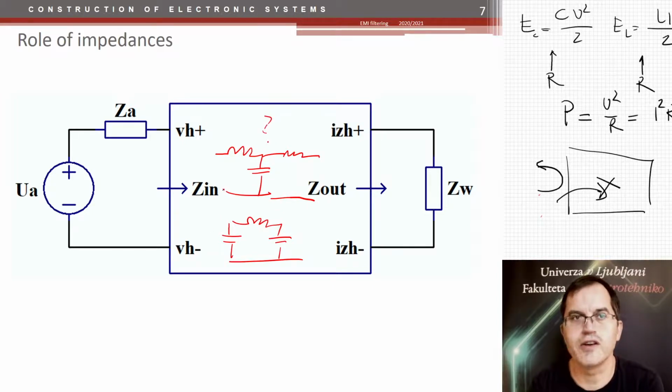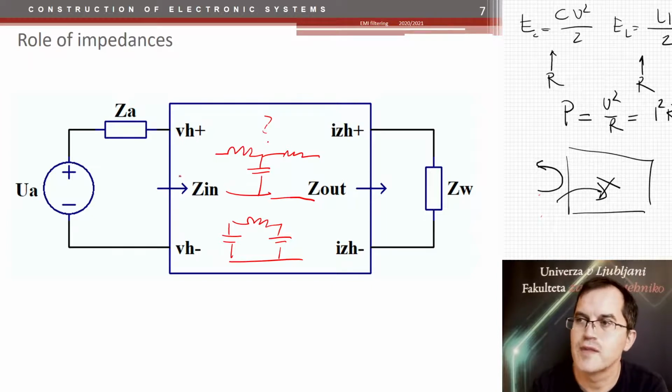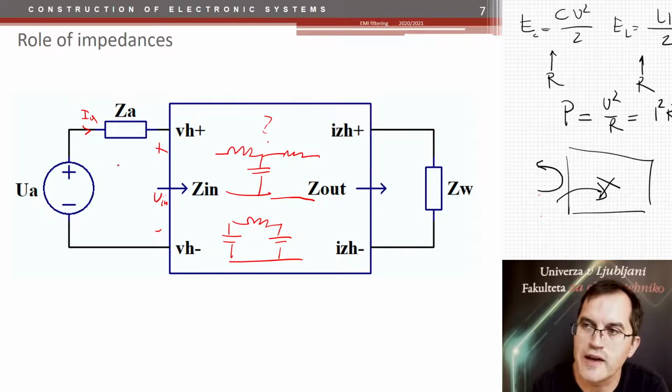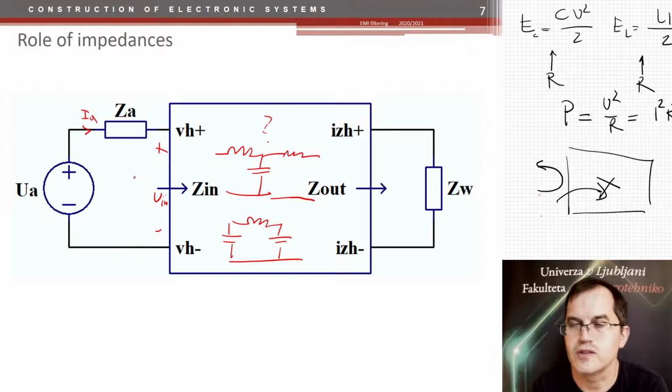That means this filter cannot dissipate energy, so it can only reflect it. So you cannot allow the current or the voltage here to enter. What you should not allow is the energy, or power, to enter. That means that you have to reflect current or voltage.